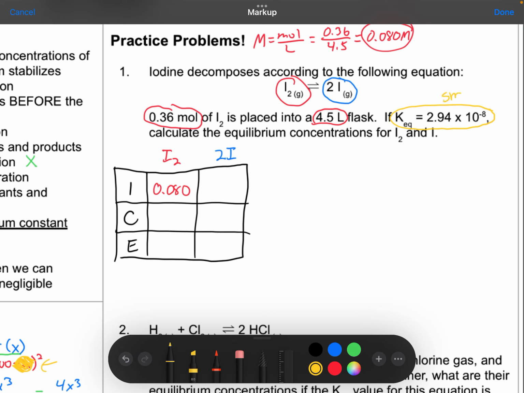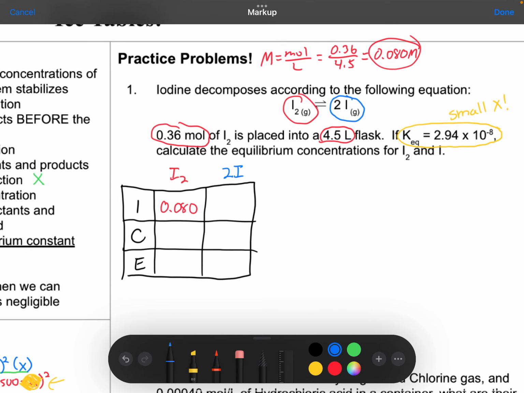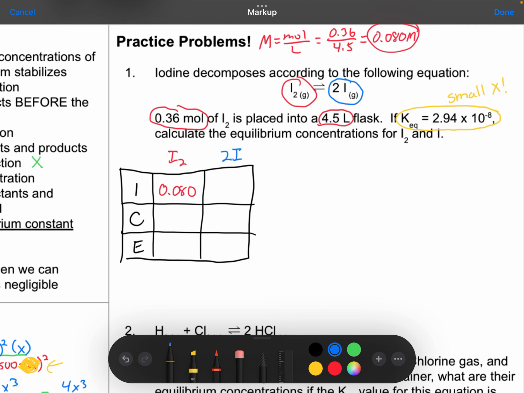So I can use my small x approximation, which makes our life happier and our math easier. So going back to my ICE table, I know that if I am only placing some reactant into my vessel, I'm not going to start out with any product whatsoever. Those two values, reactant and product values, are going to change in terms of x.